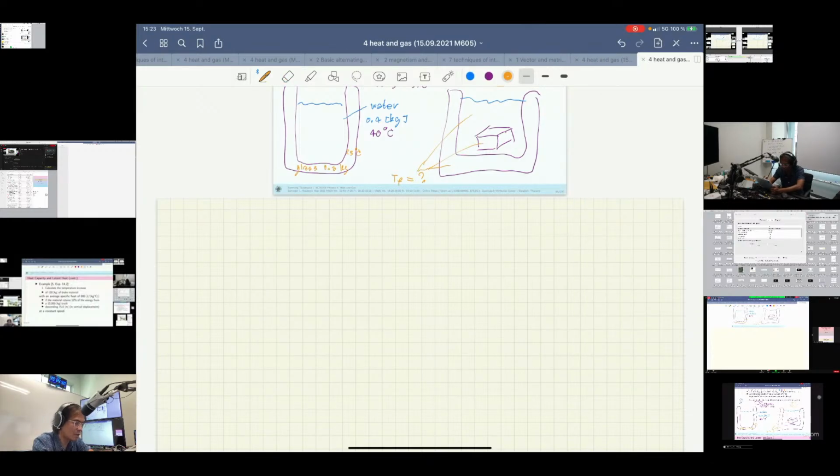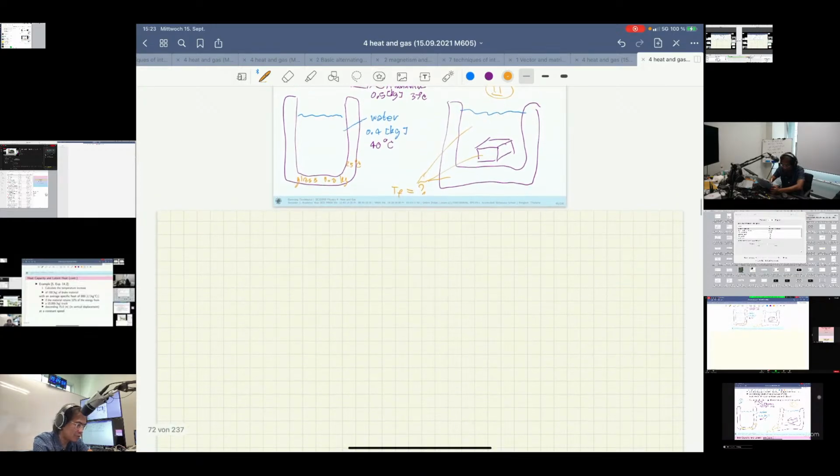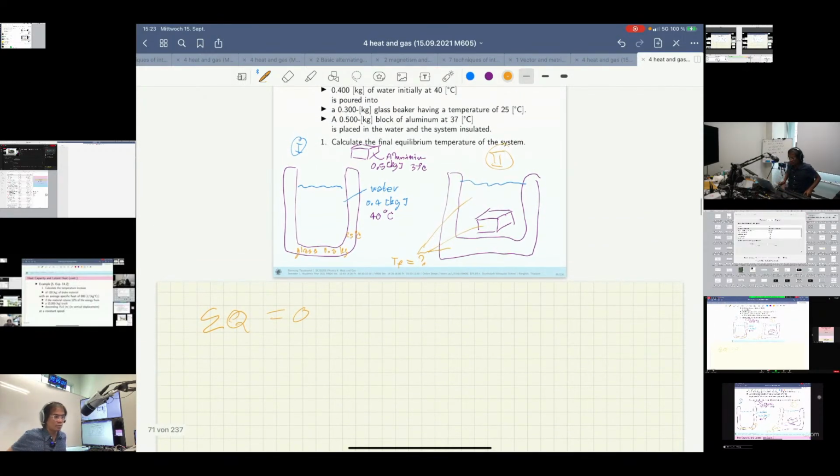Okay, we start from summation of Q remaining 0, right? And there are 3 substances: water, glass, aluminum.